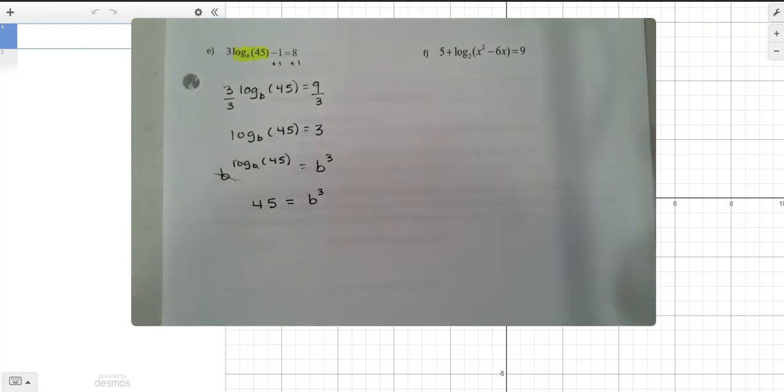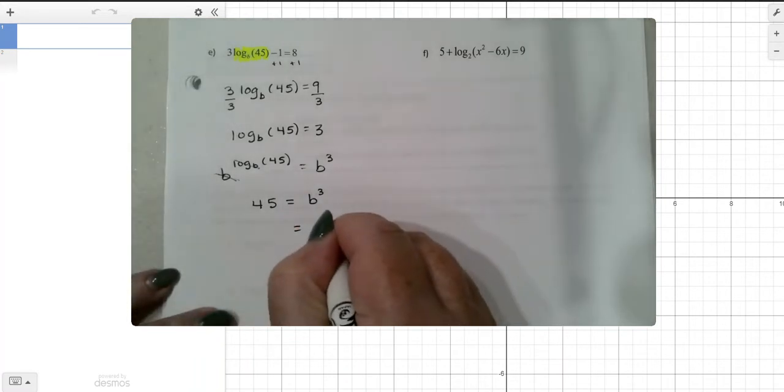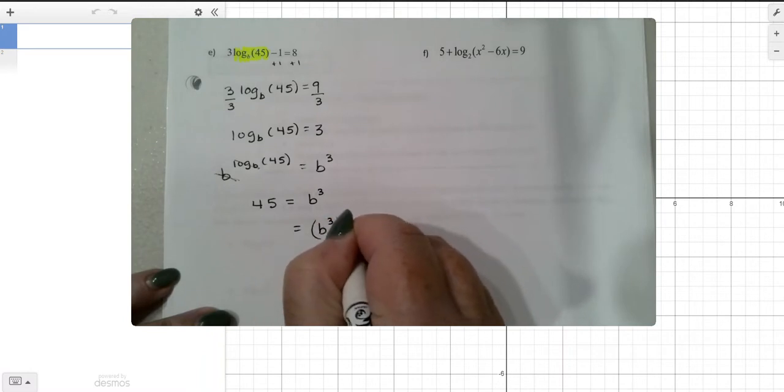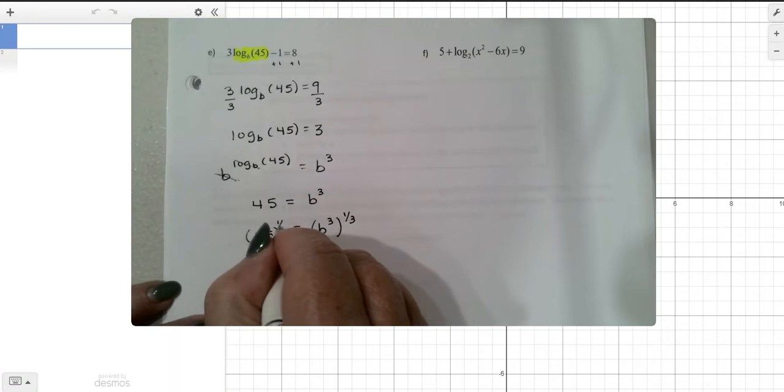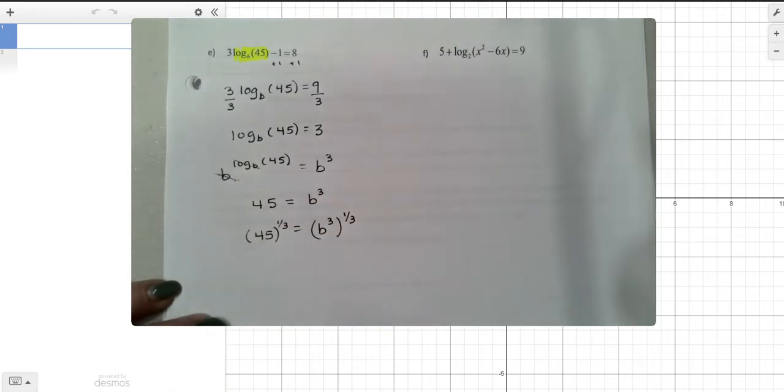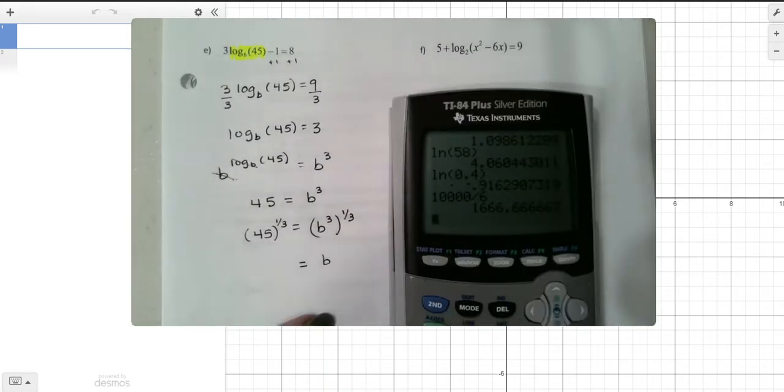If I want to get rid of that exponent of 3 to solve for the b, I can use the reciprocal exponent, the 1/3 power. And of course, if I do that on one side, I have to do that same power on the other side. That's just going to give me b to the first, and 45 to the 1/3.